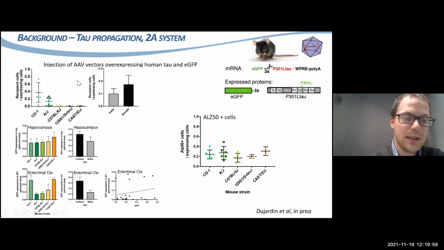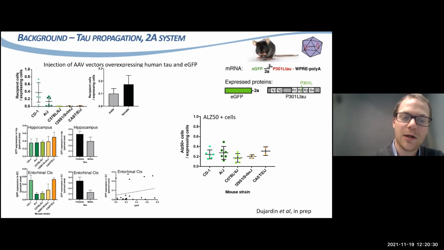What you can see in this graph is that some strains have a lot of propagation and some strains are very resilient to it, so tau actually doesn't move that much. We compared male versus female and we don't really have a difference. And then we also looked at tau pathology and we didn't have a clear difference in tau pathology for the different strains.